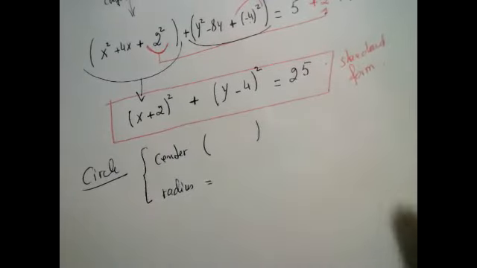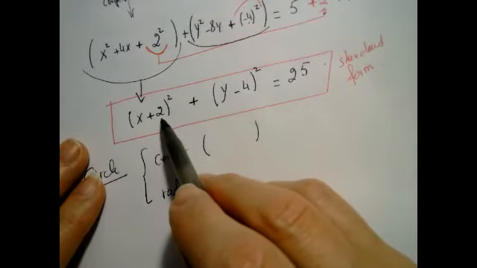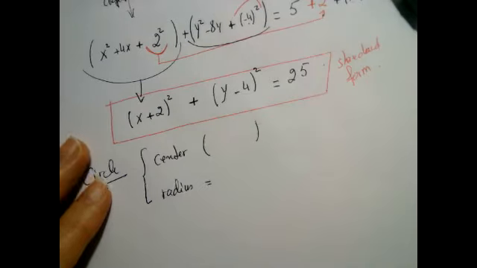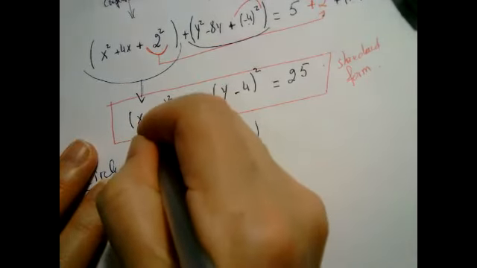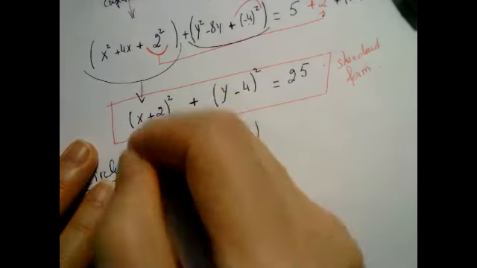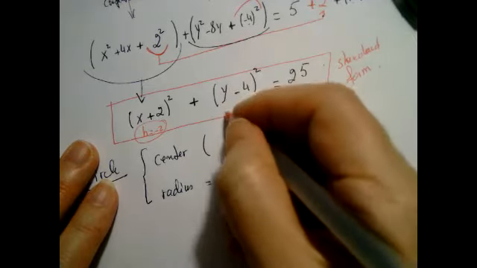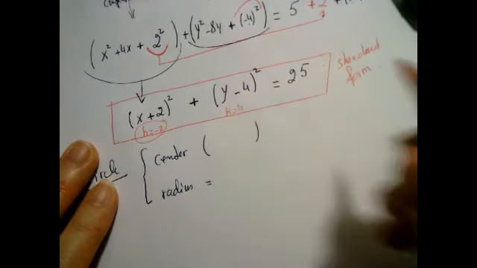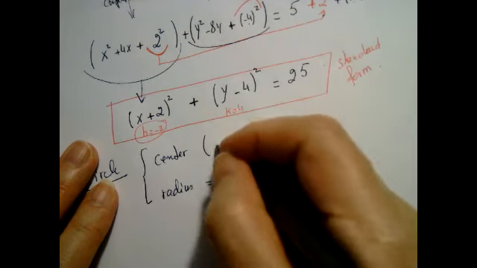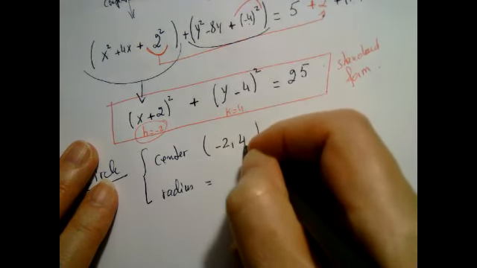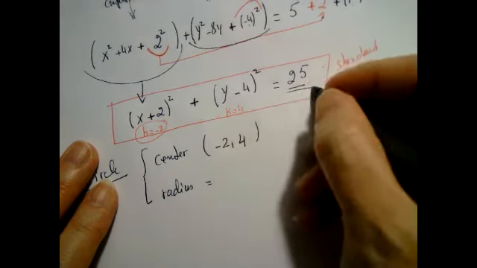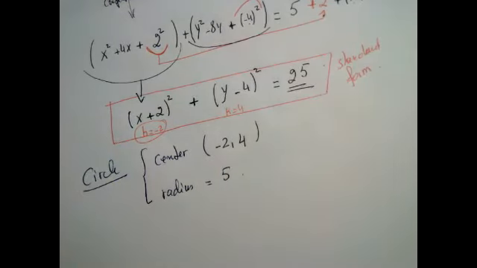So what is the center? X plus 2. So I play the role of h here. So h is minus 2. And my k is 4. So my center is going to be minus 2 and 4. And my radius is going to be equal to 5.